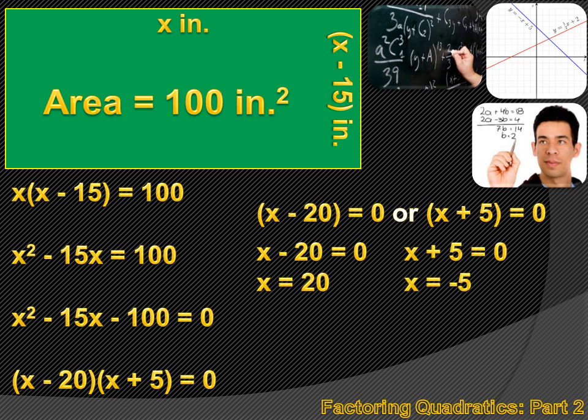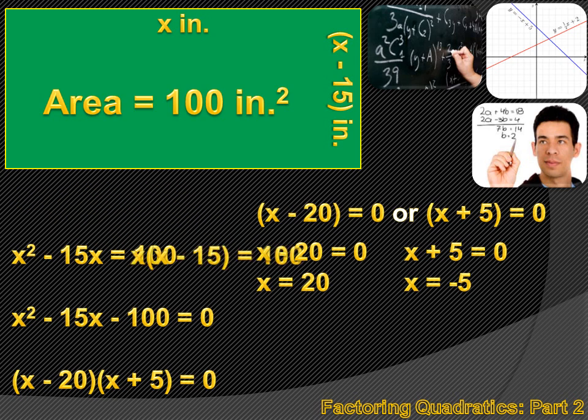If x plus 5 equals 0, then x equals minus 5. And this dimension would be minus 5 inches. Well, in the real world, it probably can't be minus 5 inches. It's probably got to be 20 inches. So we can say that this dimension, x, is 20 inches.